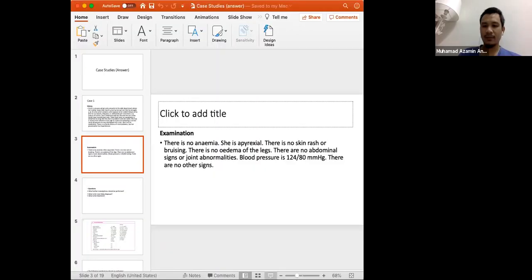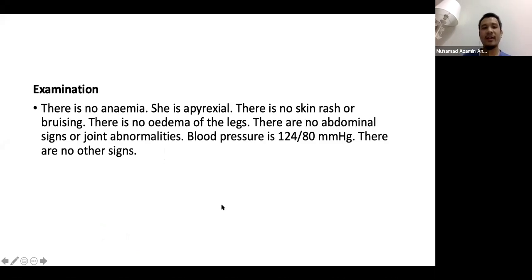Okay. All right. So I'm going to give you the physical findings, and then from the physical findings, you make a conclusion of this case. Okay. I'm going to share the screen. So these are the physical findings. There's no pallor, so no sign of anemia.